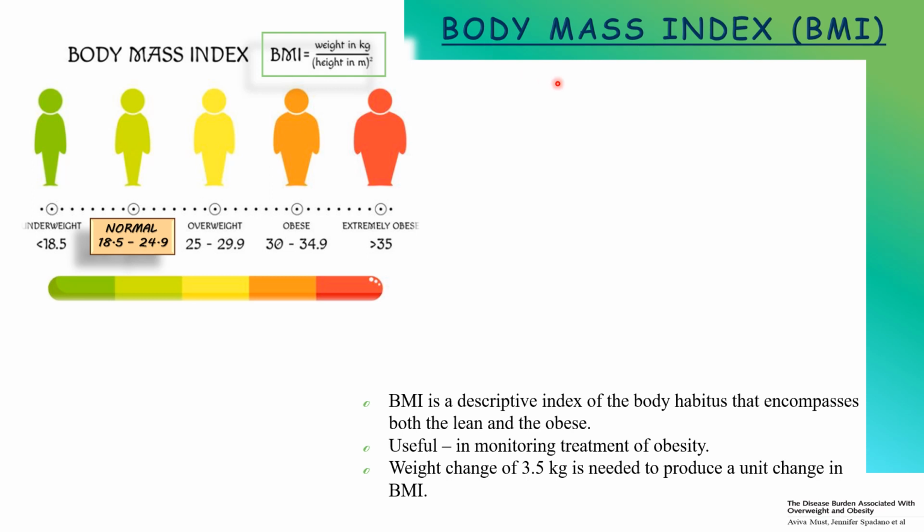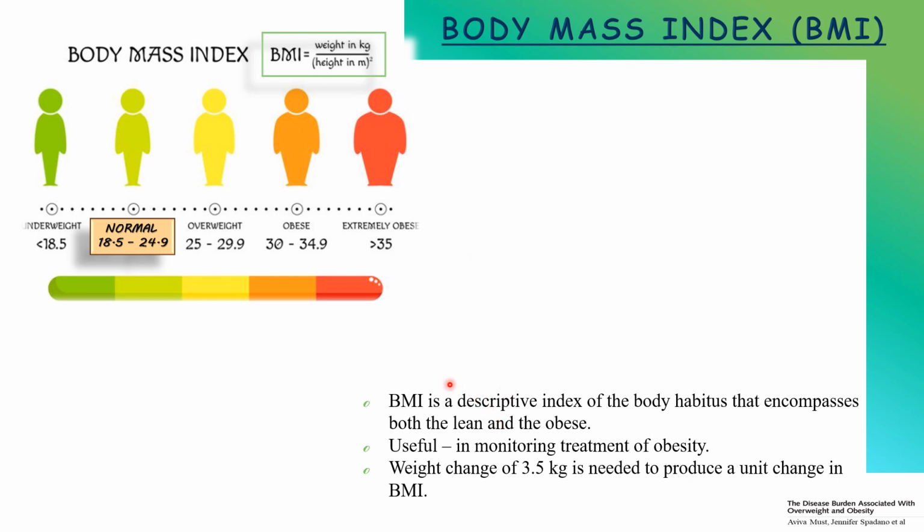I'm sure everyone has heard about BMI being used so commonly, right? So what is the concept behind it? What is BMI? BMI is defined as body mass, that is weight in kgs divided by square of body height in meters. To put it in simpler words, it is the person's weight with respect to his height.